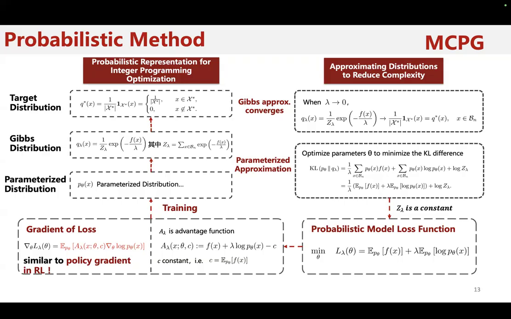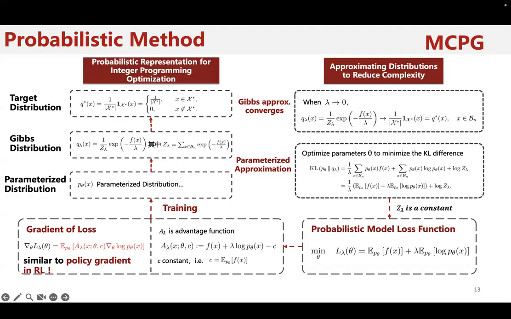What we can do is use the so-called Gibbs approximation. Suppose the parameter lambda goes to 0, and this Gibbs distribution will converge to the optimal, targeted distribution.